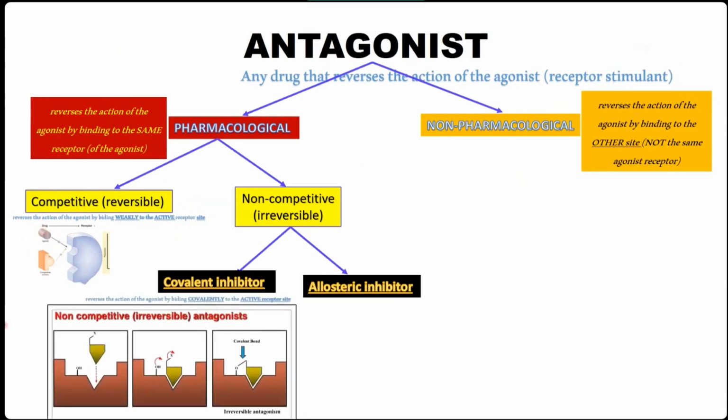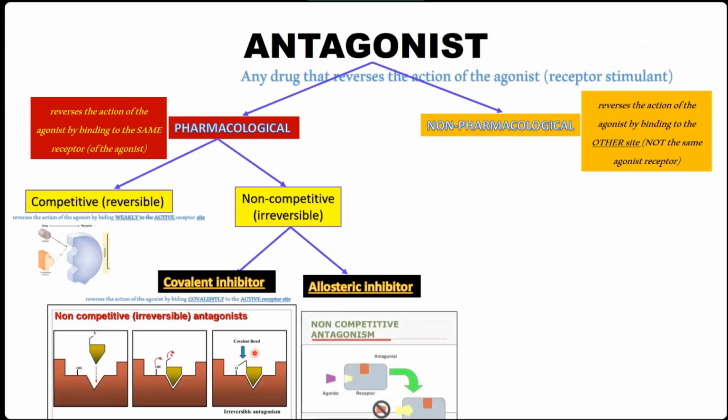As we can see in the illustration below, the non-competitive irreversible antagonist, after attaching to the receptor, binds with a covalent bond. So this covalent bond makes it undetachable. No matter how much we increase the dose or the concentration of the agonist, it will not be possible to reverse the action. That's why it's an irreversible covalent inhibitor type of antagonist.